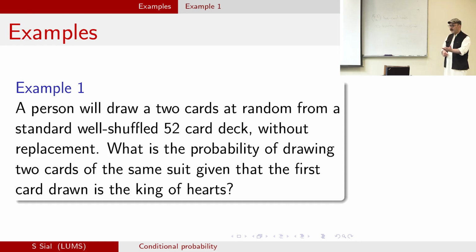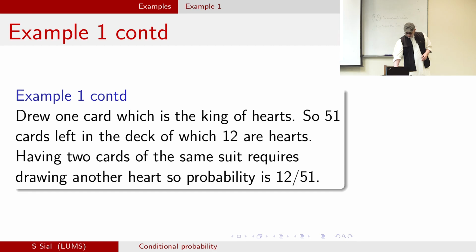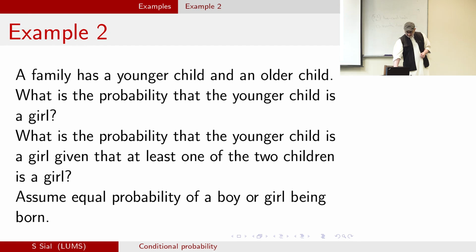So 12 heart cards out of 51 cards. So what's the probability? 12 out of 51. Okay, so we reasoned our way to getting the answer: 12 out of 51. That was an easy one. We didn't have to go to the definitions or anything. All right.